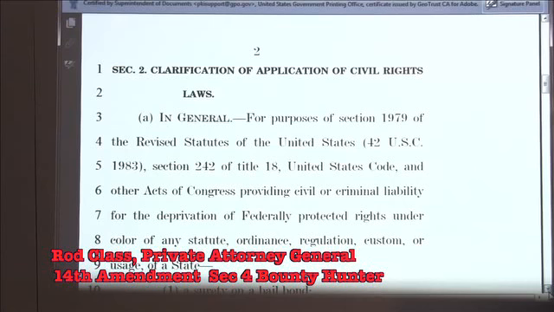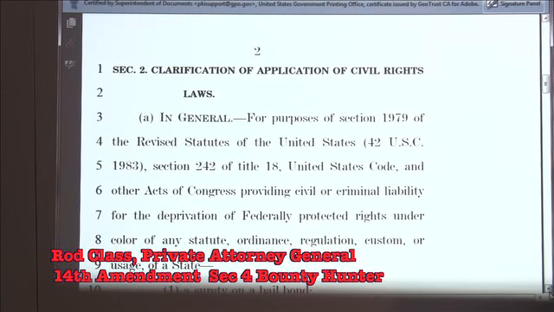In general, the purpose of Section 1979 of the revised statutes of the U.S. Code, Title 42, U.S.C. 1983, Section 242 of Title 18, the United States Code and other acts of Congress providing civil or criminal liability for the deprivation of federal protected rights under color of any statutes, ordinance, regulations, customs, or usage of state.